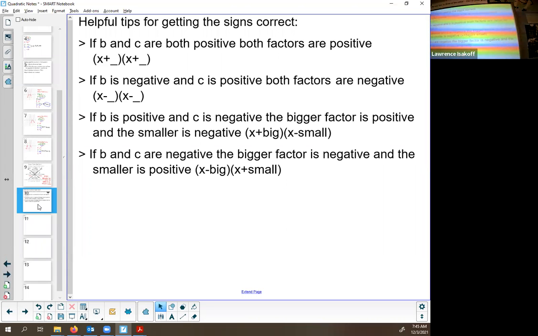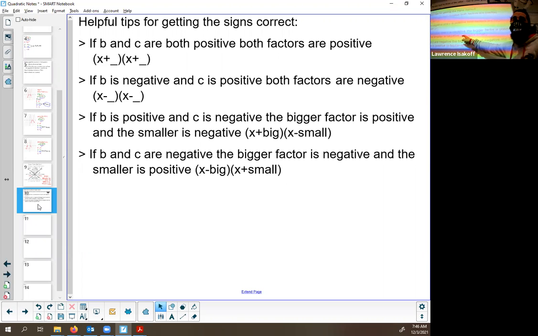Now, when C is negative, this is where I typically see students getting tripped up. If C is negative, one of my numbers has to be positive, one has to be negative to multiply to give me a negative. So here, the sign of B is going to be critical. If B is positive and C is negative, the bigger factor is positive and the smaller is negative.